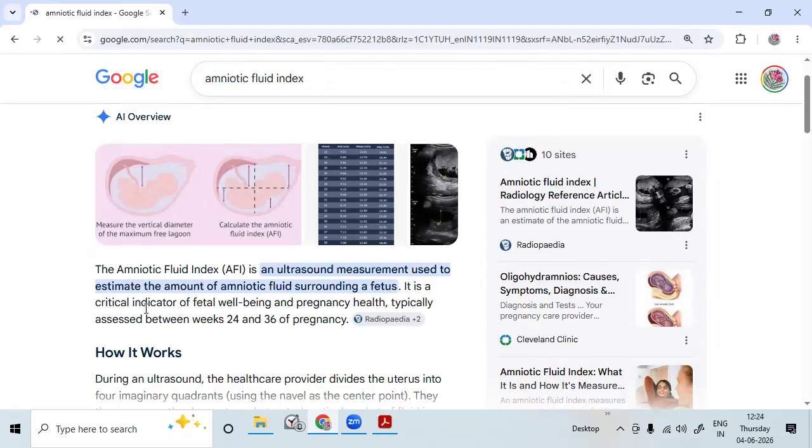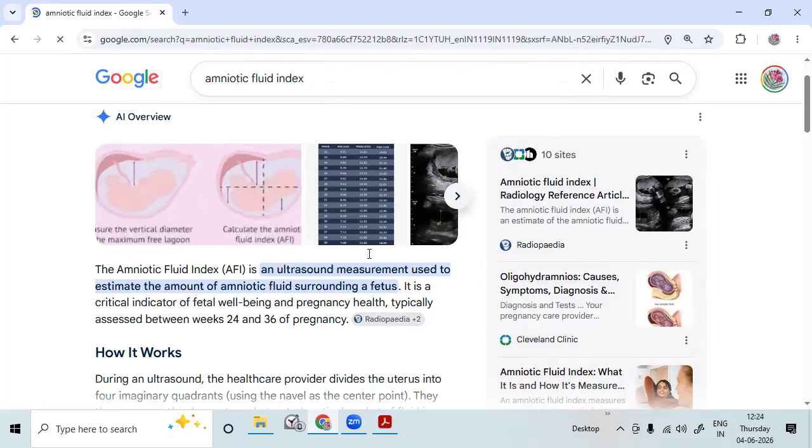It is a clear indicator of fetal well-being and pregnancy health, typically assessed between 24 to 36 weeks. They measure the vertical diameter of the maximum free pocket and calculate the amniotic fluid index.